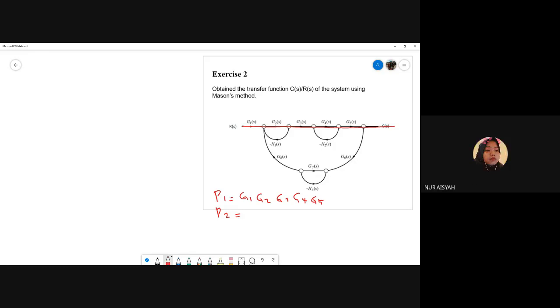One forward je kan? Betul. Sebab cuba tengok G1, G2, G3, G4, G5, arrow ni semua. Dia tak boleh datang sini patah balik. Ada satu laluan dia sebenarnya. G1, G2, G3, G4, G5 je lah. Kita follow arrow.